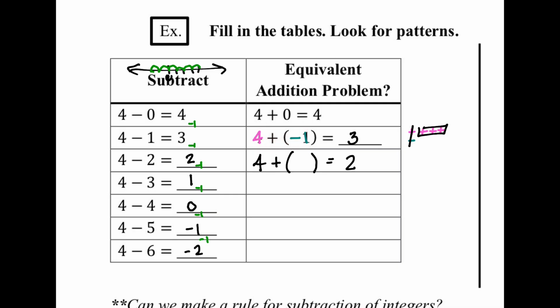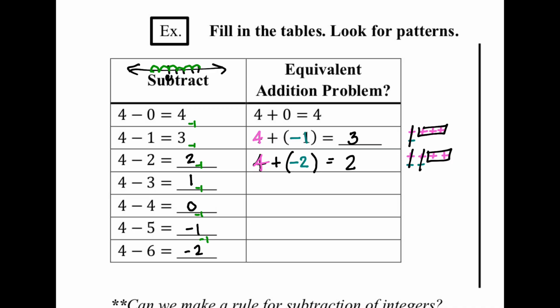So let's try that. If we go from a subtract to add a negative, that means this should be negative 2. Does it work? Start with 4, and we're going to race with 2 negatives. And sure enough, it works. I have 2 positives left.